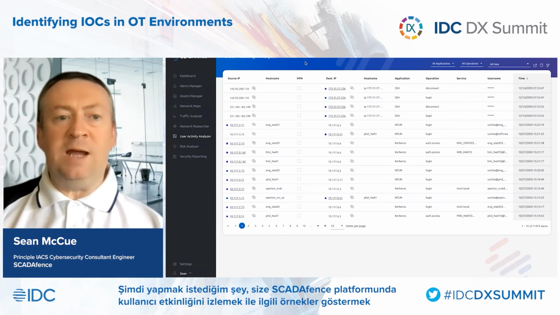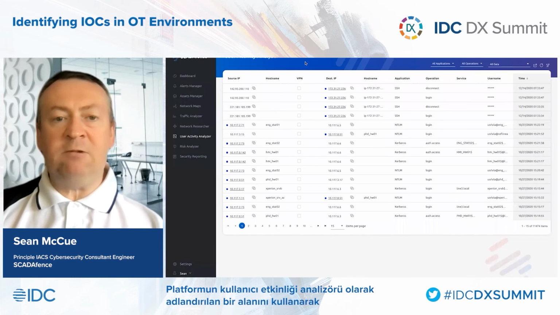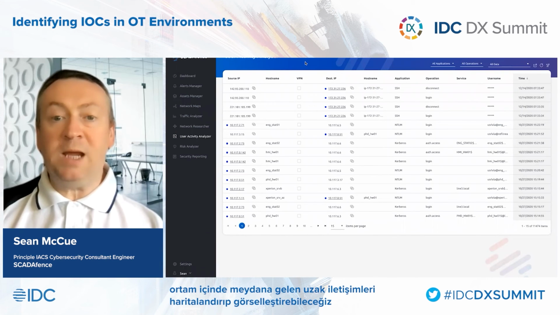What I would like to do now is show you an example of tracking user activity within the SCADAfence platform. So using an area of the platform called the User Activity Analyzer, we're going to be able to map out and visualize remote communications that occur within the environment.